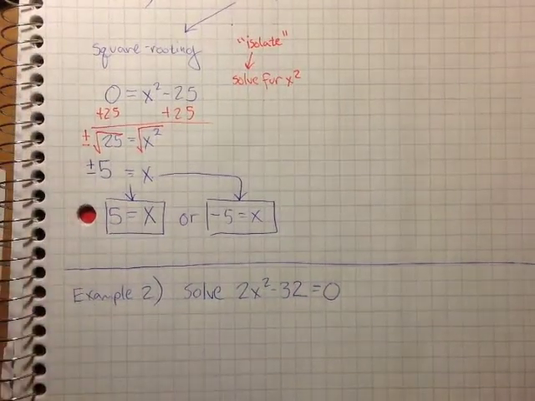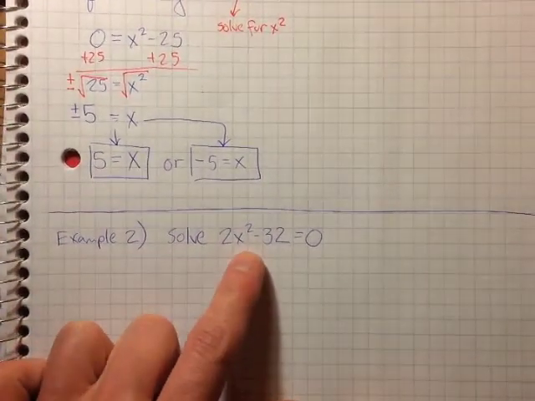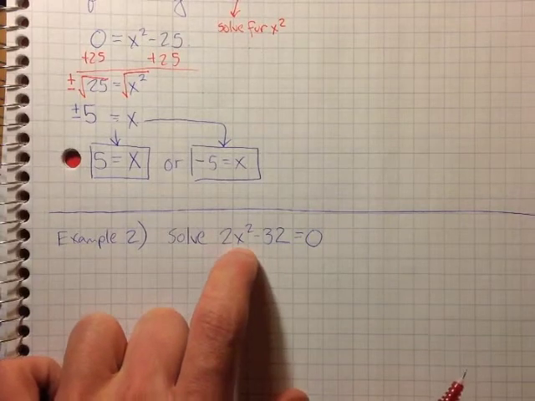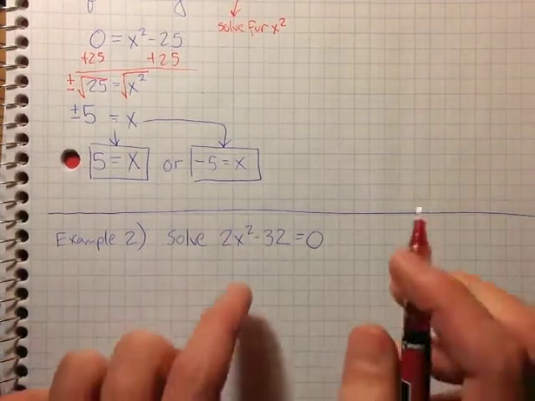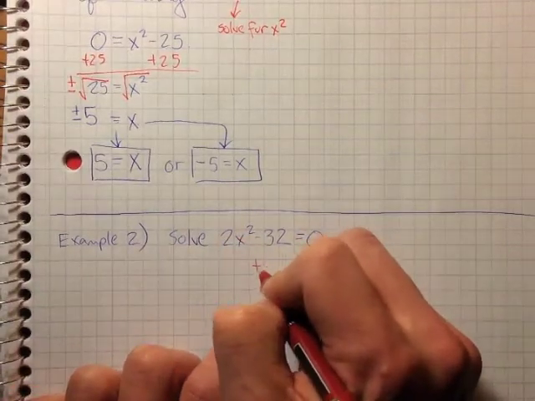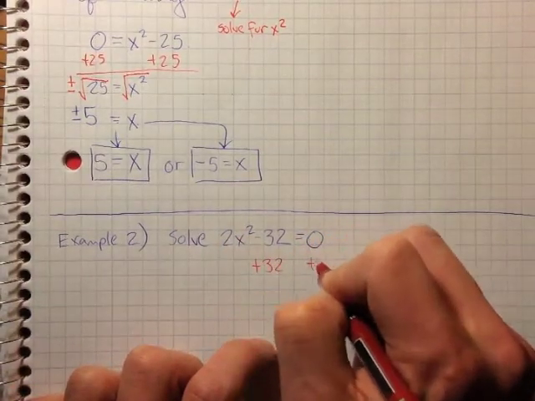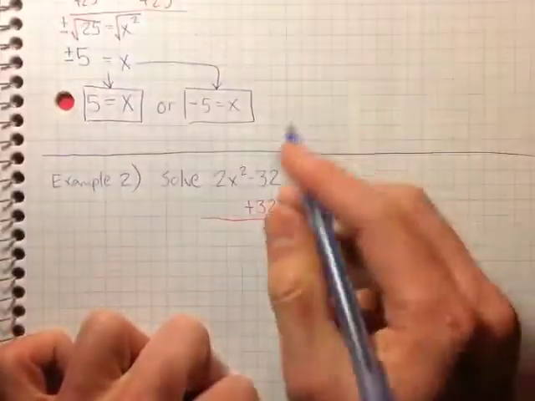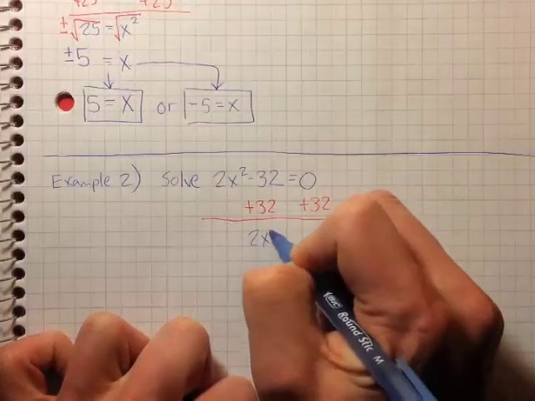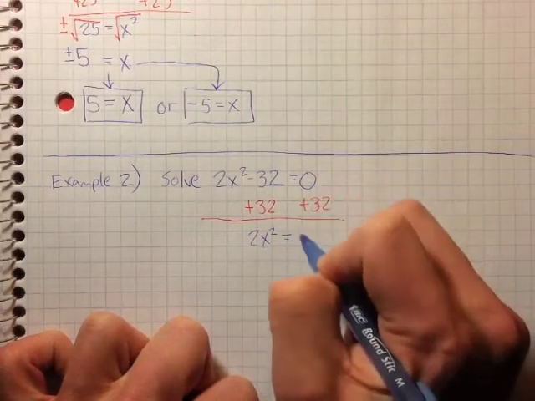Again, the first step here is to solve for x squared. In order to do that, the first step is to add 32 to both sides of the equation. So 2 times x squared equals 32.